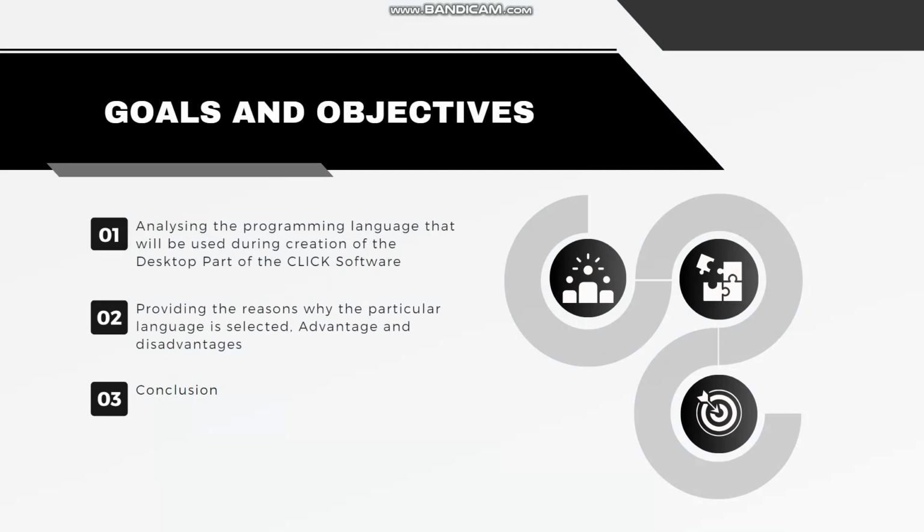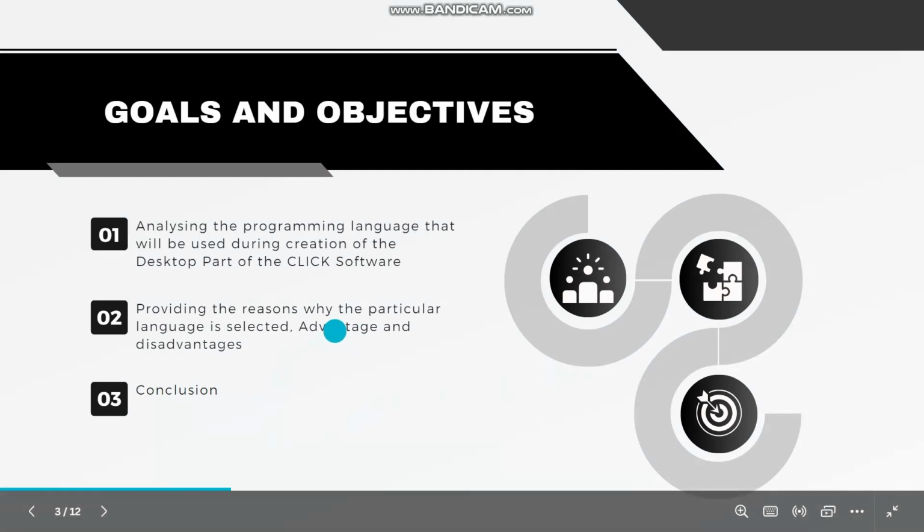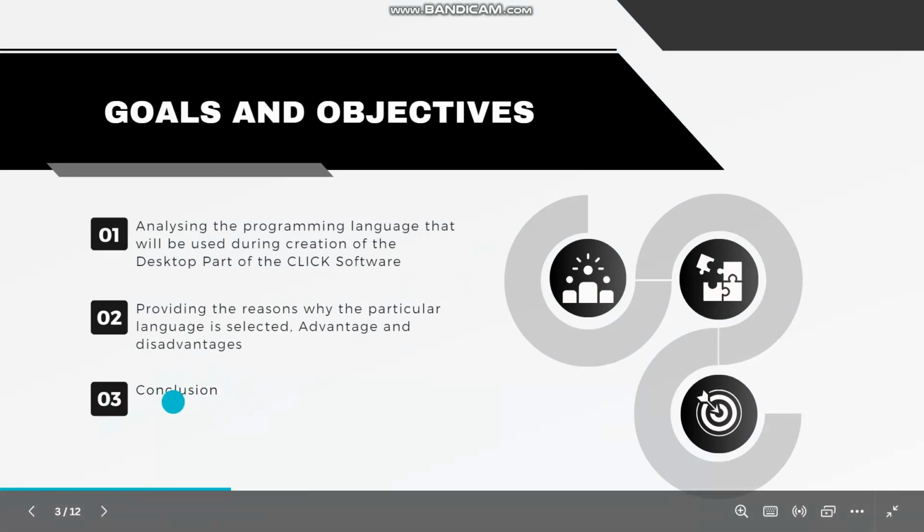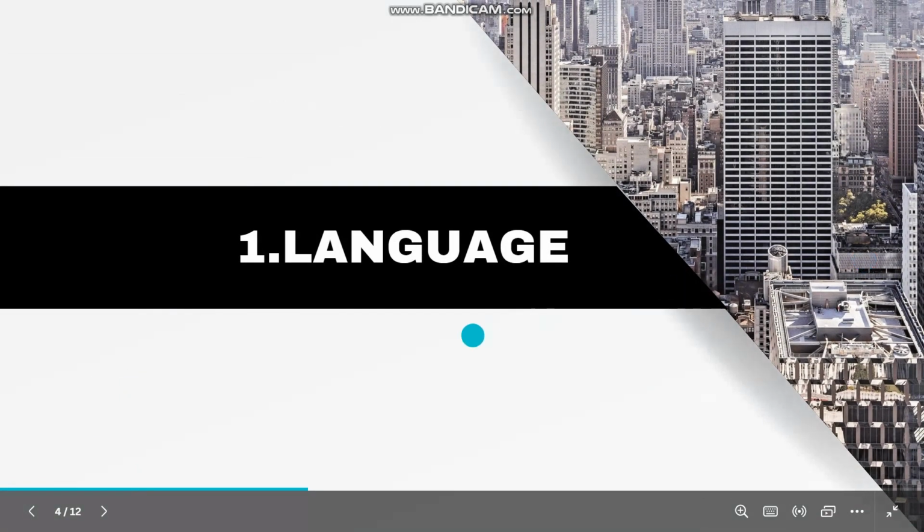There has to be a reason why we're using the particular language, because currently there exist hundreds if not millions of languages. So why did we take the particular language? We're going to focus on the advantages and the disadvantages. We have chosen our program, so what is the advantage or the disadvantage of it? At the end, you're going to check the conclusion. Okay, so let us start with the language.